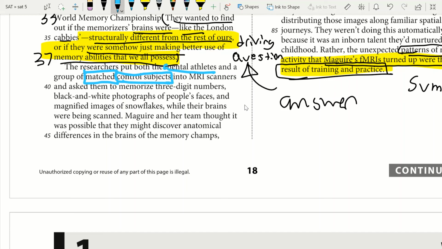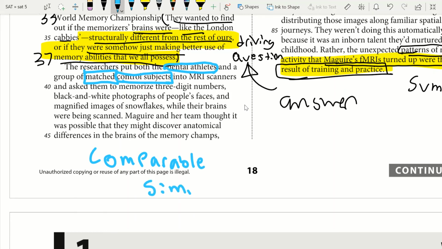So in this case, it's mental athletes versus control subjects. For example, the control subjects would be people who are comparable in weight, in height, in age, in education, things like that. That way, they're controlling for those variables such as education and things like that. Geographic region as well, possibly. So right there, matched control subjects most nearly means probably comparable or comparable control subjects.